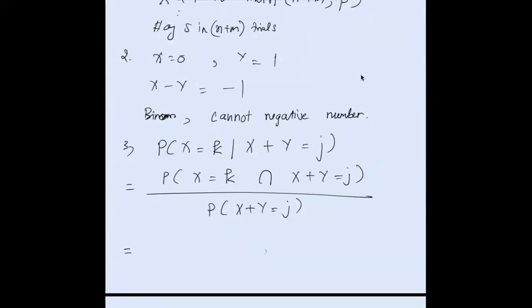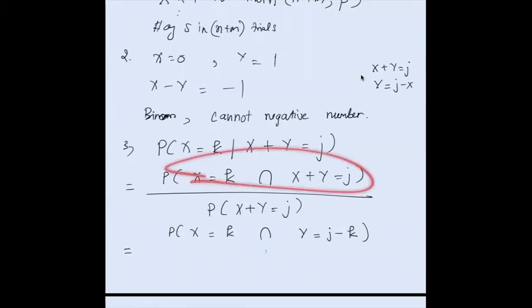Yeah, that's correct. If we have x plus y equal to j, then we have y equal to j minus x, right? And what is x here? We are considering x equal to k, right? So it is the same thing as saying y equal to j minus k.